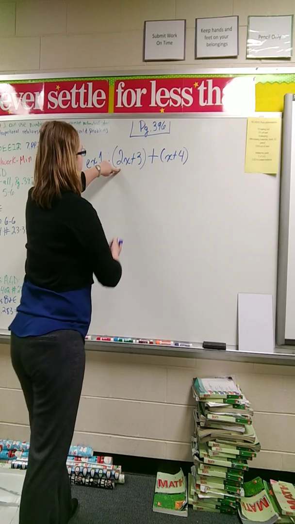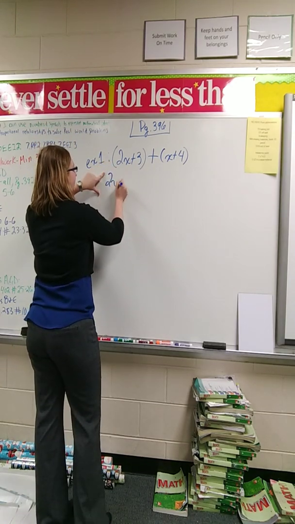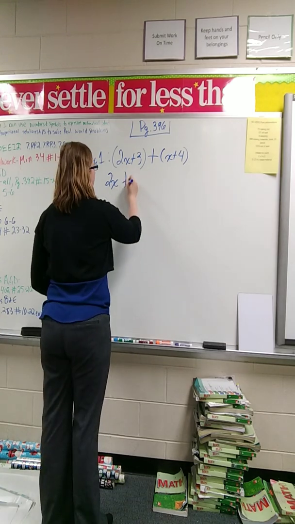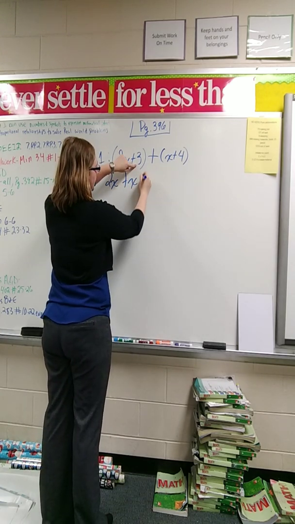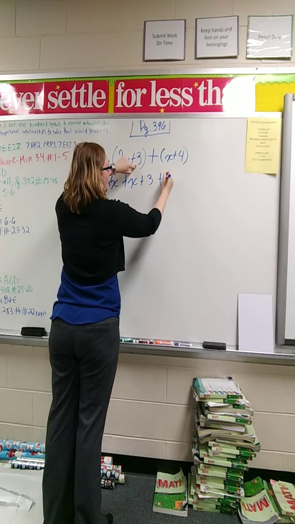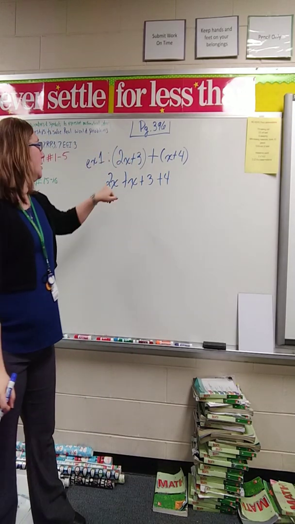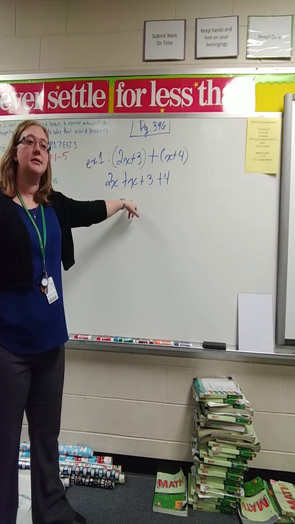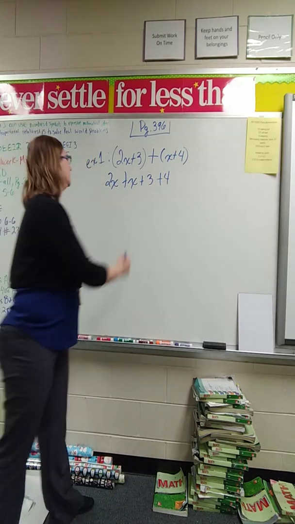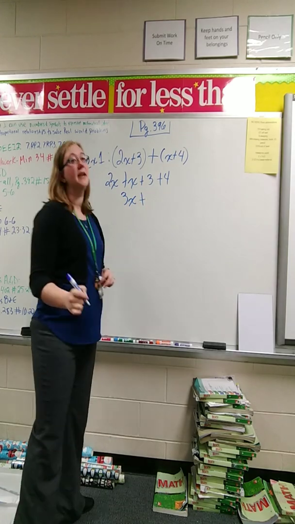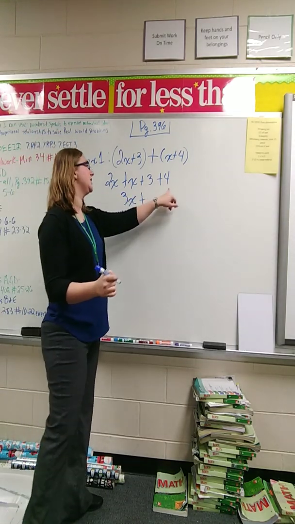So, I'm going to start with 2x plus x plus 3 plus 4. 2x plus 1x gives me 3x. And I'm going to add to that 3x, 3 plus 4, which is 7.